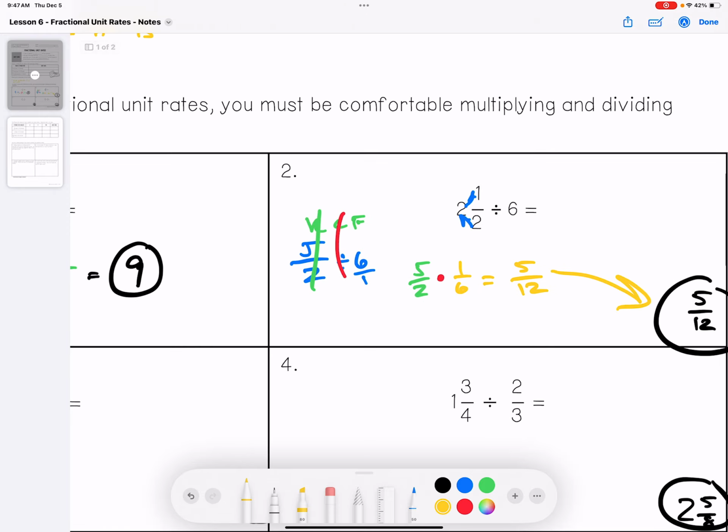That is what the answer was. How do you enter this into your calculator? When you're entering a mixed number in your calculator, you would hit 2, then you would hit the ABC button, and then you would put your numbers there.